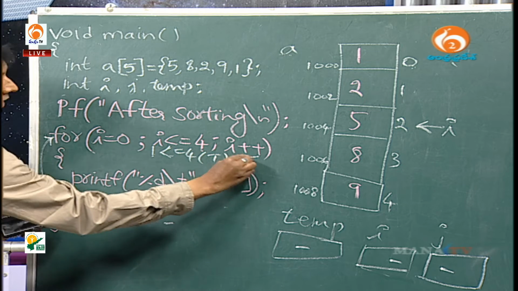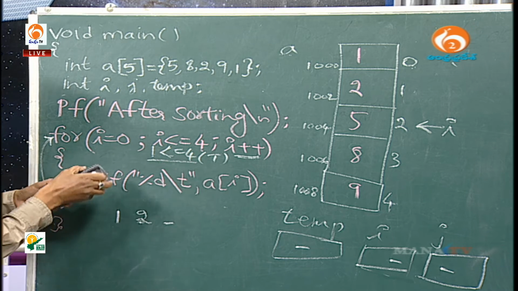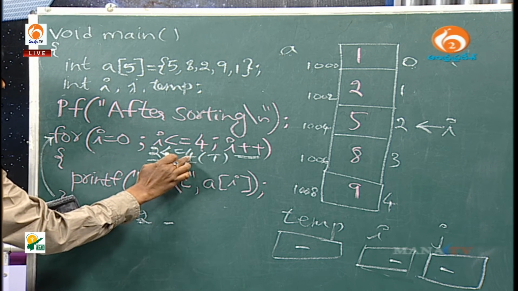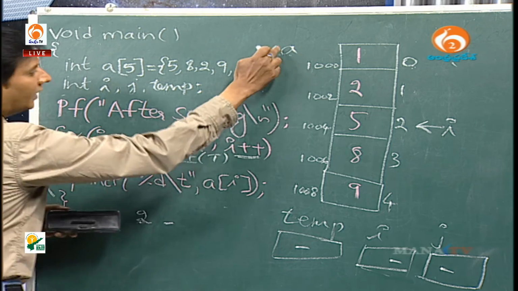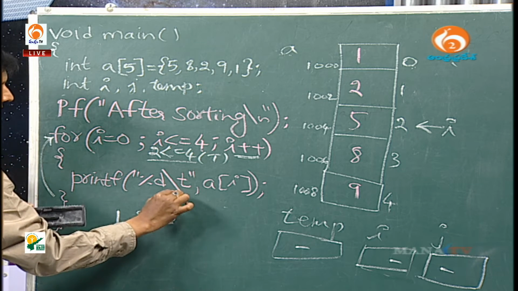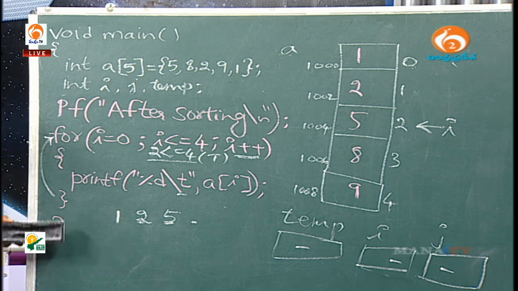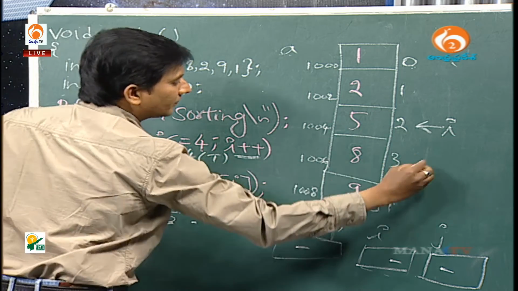Once it is incremented, the next condition is checked, that is, I value is 2 now. 2 less than or equal to 4, true. Printf %d a of 2, a of 2, that is 5. Because of the \t, next space. Next iteration I plus plus, I is moved to next.